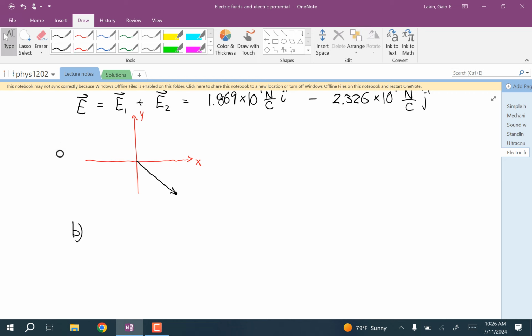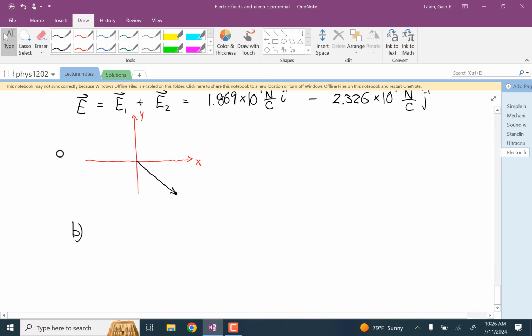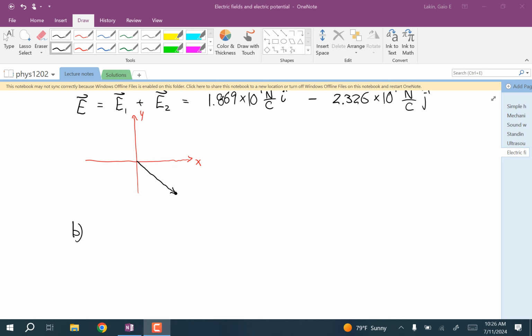So the lowercase q in this case is the charge of the electron, which is negative 1.602 times 10 to the negative 19 coulombs.